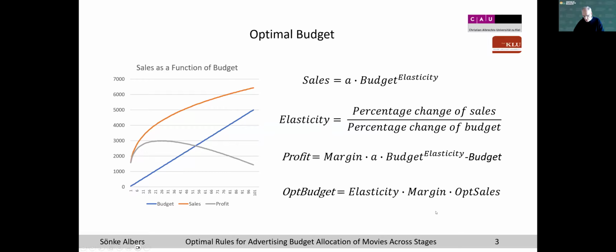Now the problem is a little bit more complicated, because if we consider stages, then not only the elasticity in the respective stage is counting, but also we will have carryover effects from the budget spent in the first stage. It carries over to the second stage, and then finally to the third stage. This makes it a little bit more complicated.